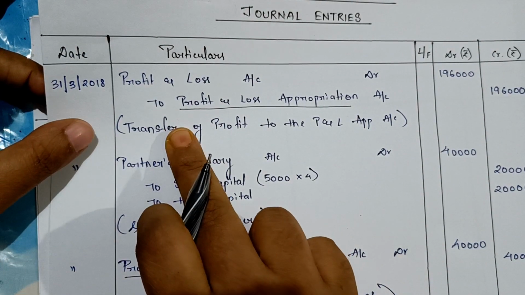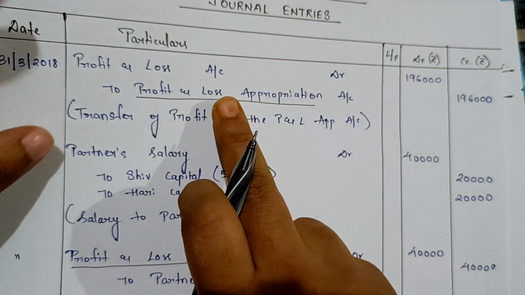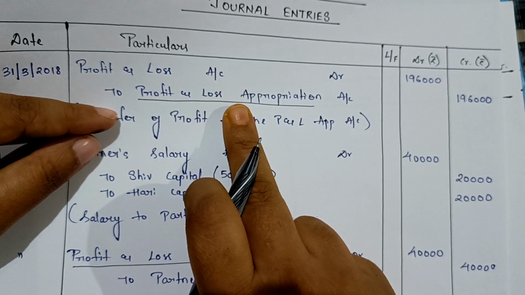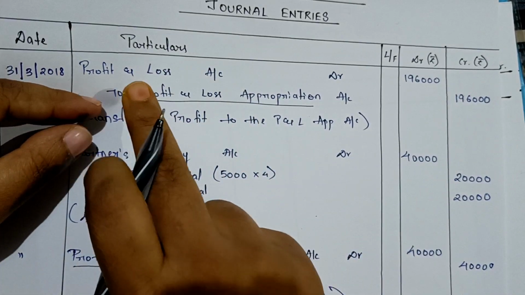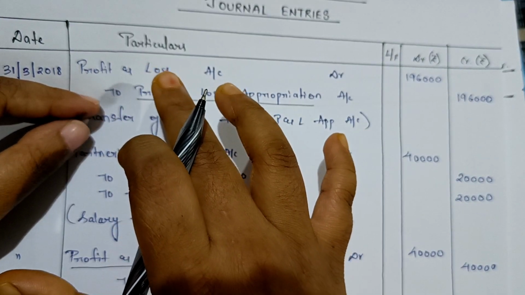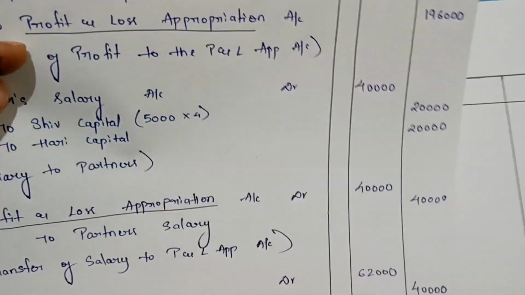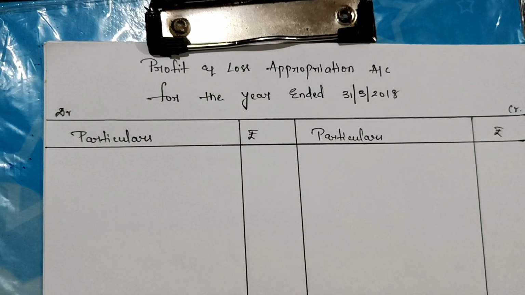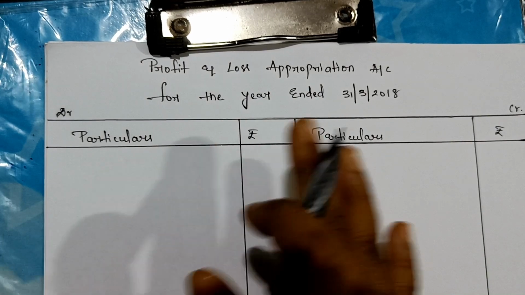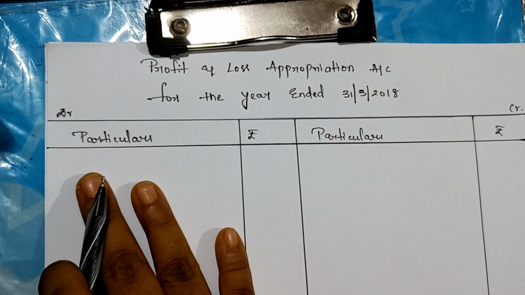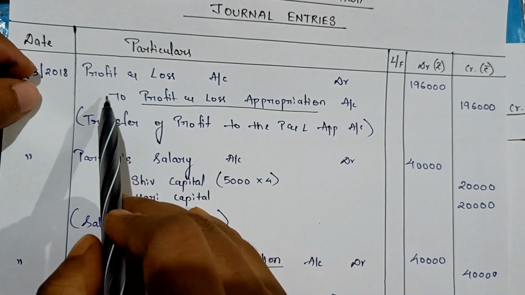First, starting from this entry, profit and loss appropriation account is on the To side, so we are going to post it to the other side. Here this is the To side, this one is the By side.